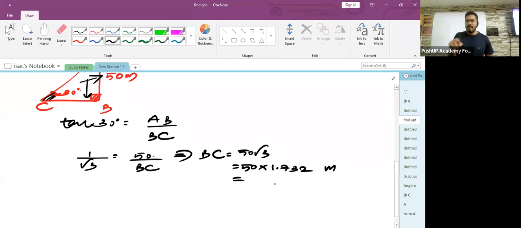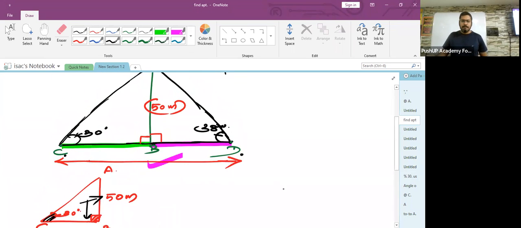Very good. So find the product of 50 and 1.732, correct to 2 decimal places. Very good, Maria. How much? 86.60 meters.